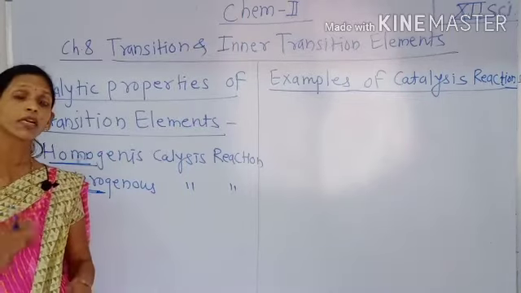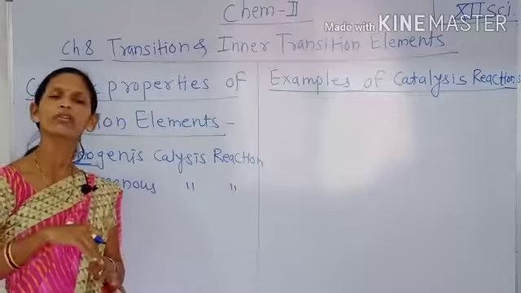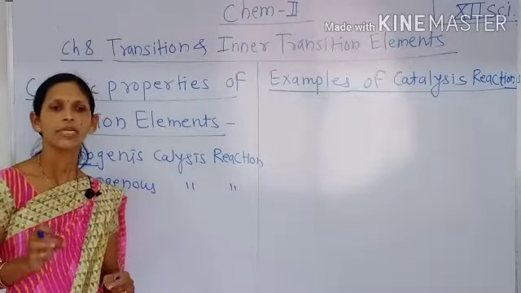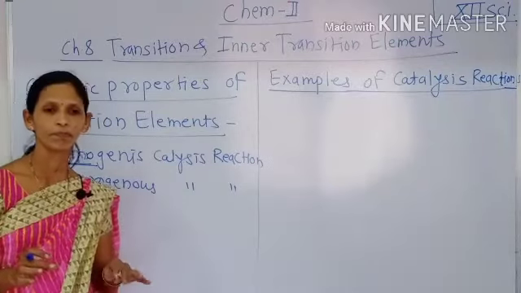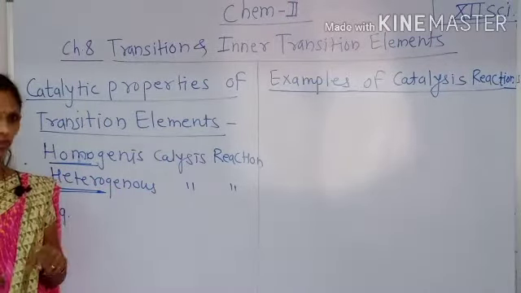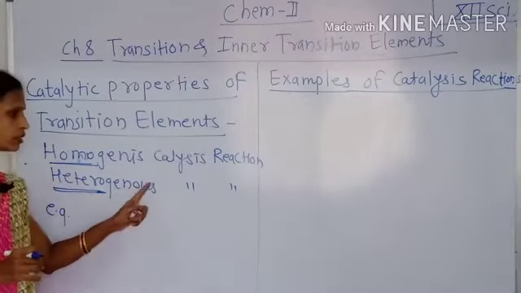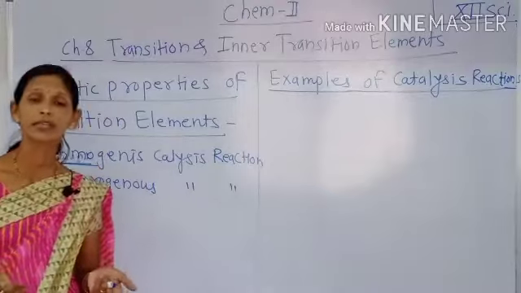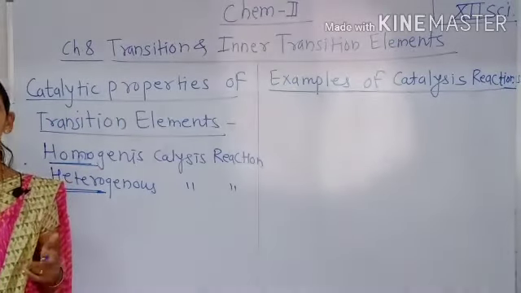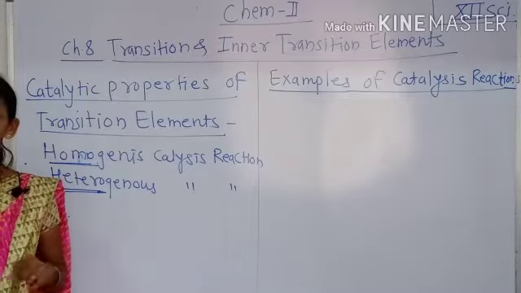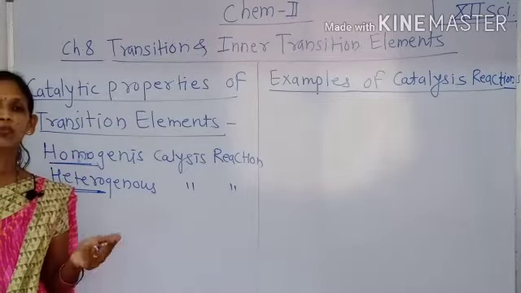Then suddenly these intermediate compounds are converted into products. In homogeneous catalysis, metal ions participate by forming unstable intermediate compounds, and in heterogeneous catalysis reactions, metal ions provide a larger surface area to the reactant molecules to form bonding, and they are converted into products.